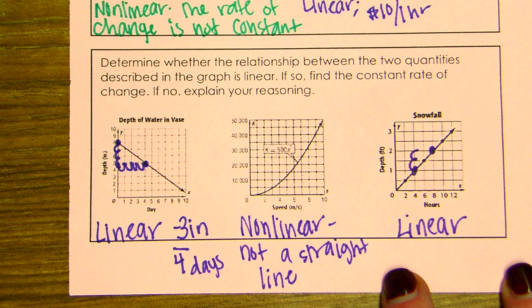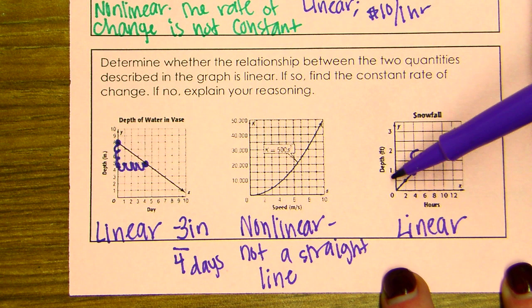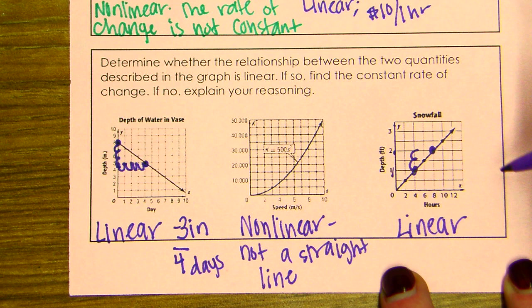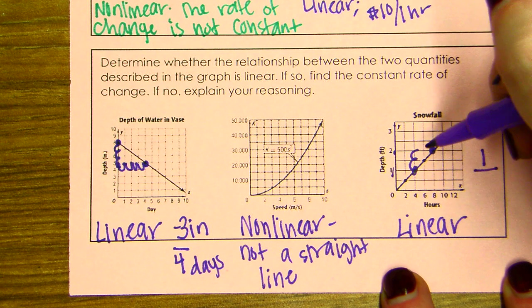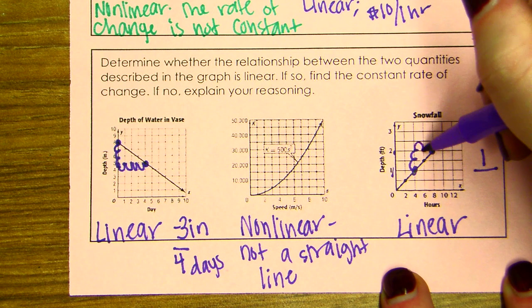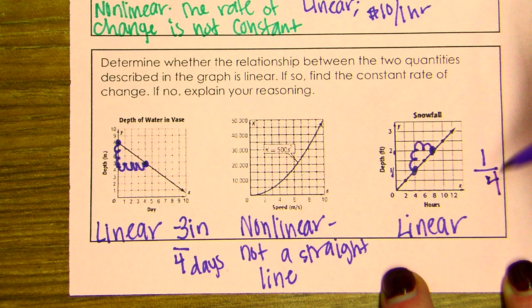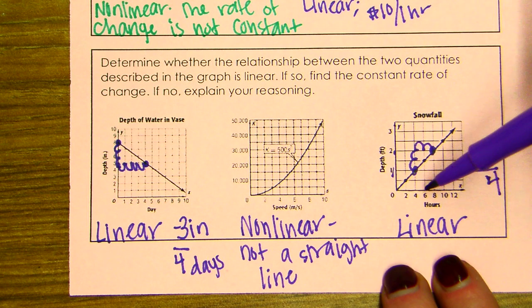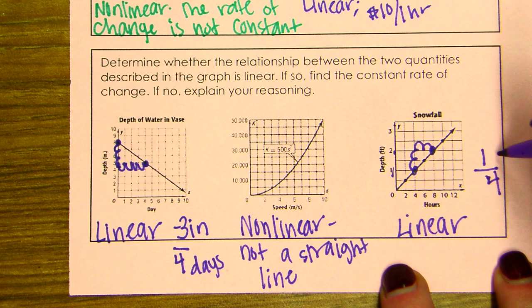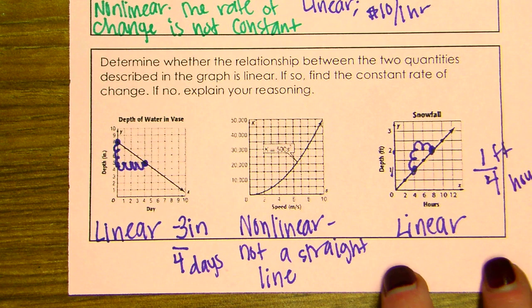It goes up from 1 to 2, so it's going up 1. And then to the right it goes from 4 to 8, so it goes to the right 4, even though it goes over 2 boxes. So it's going up 1 foot every 4 hours. So the snow is increasing by 1 foot every 4 hours.